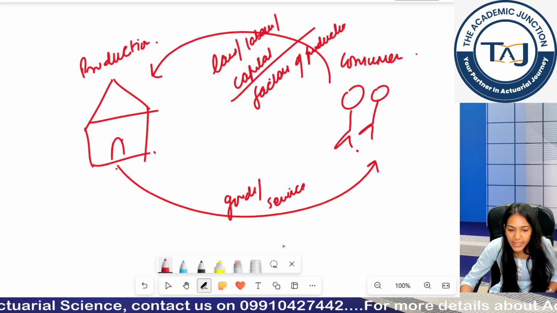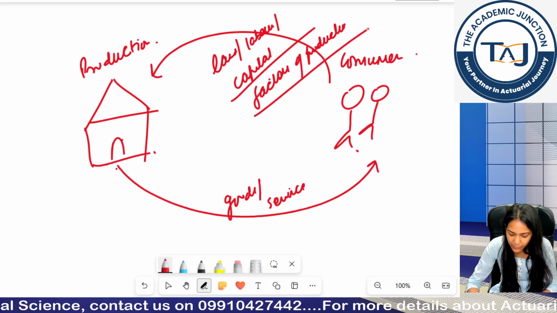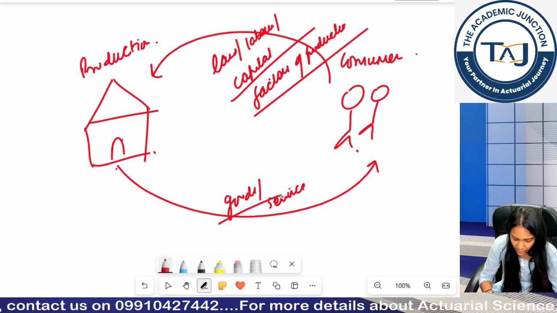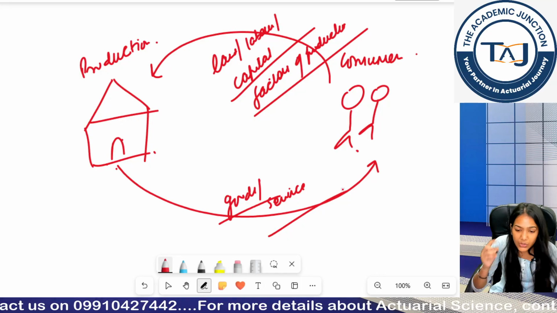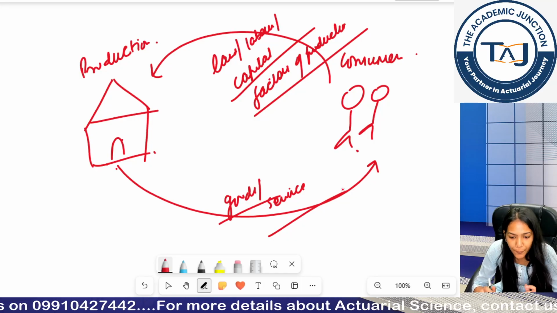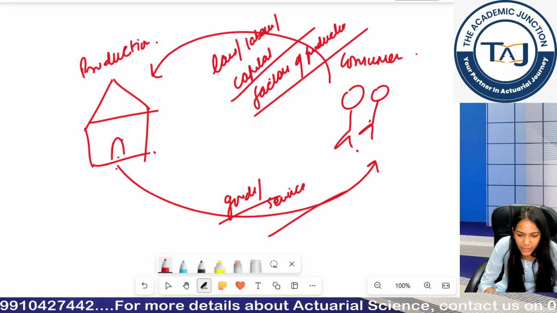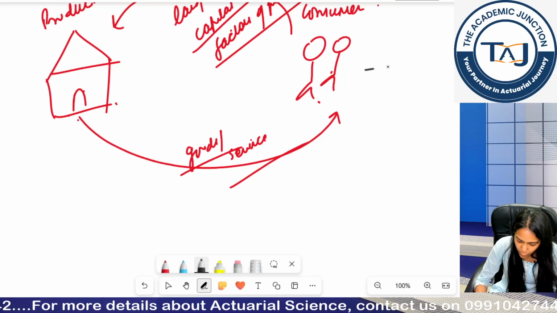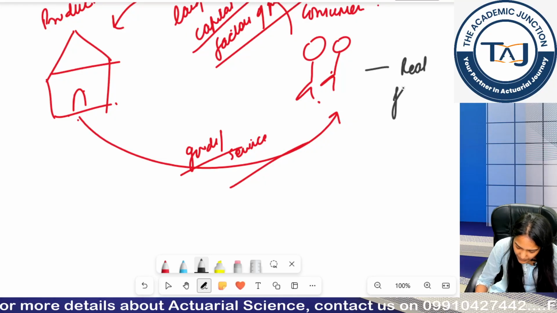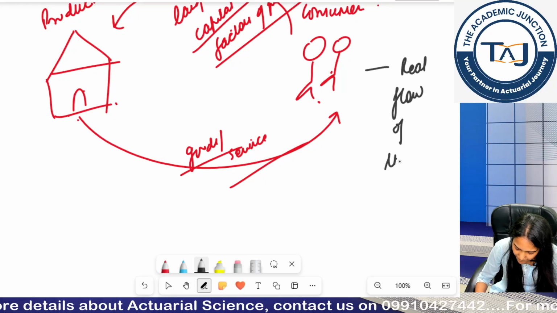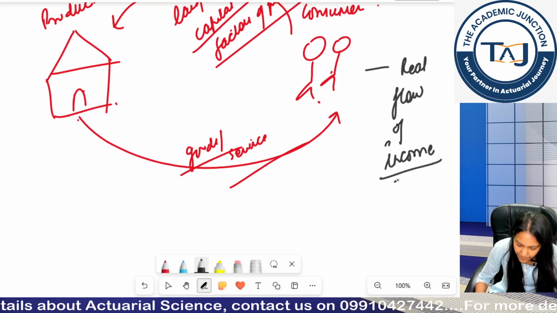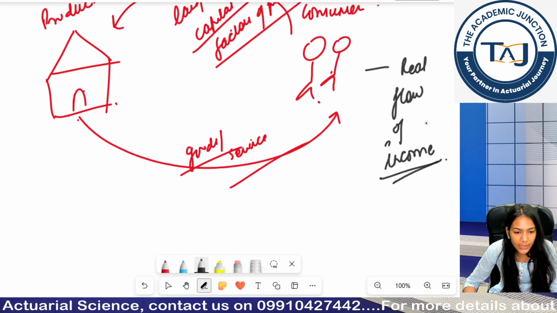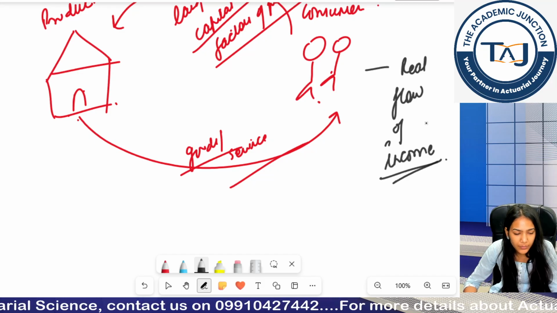Okay, there is no money involved here. Here I am talking about factors of production which are given in kind. Here also I am talking about goods and services. So, this type of flow of income between consumers and producers is called real flow. Okay, this is called real flow.